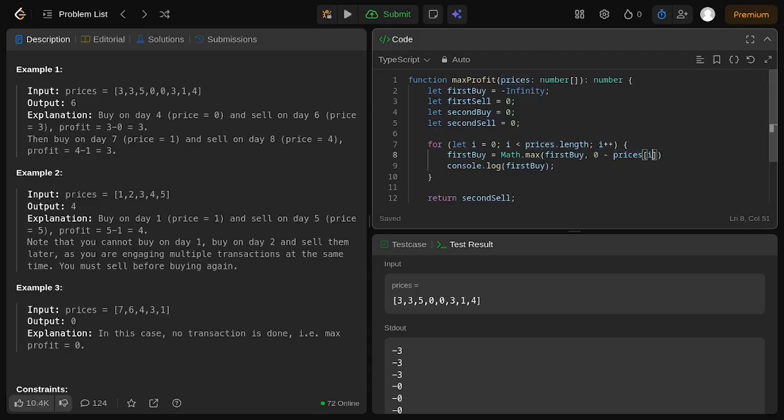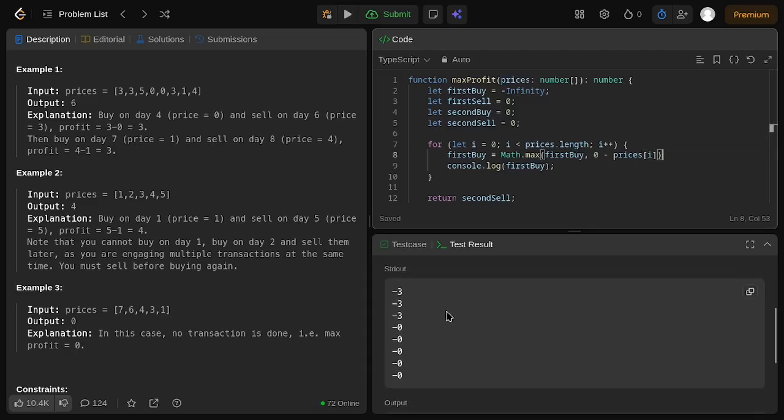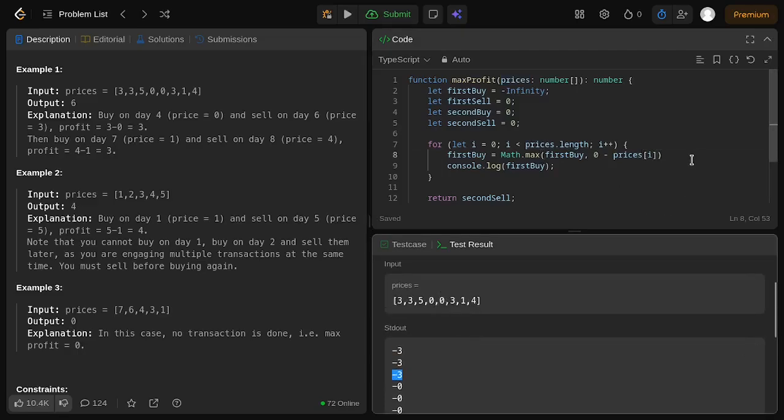Then for the next one, as we already have the least buying value, we can determine the first sell by using the Math.max method again. We determine whether the maximum value is either the first sell itself, or the first buy added by the current price. So we are adding the first buy, which is only -3 right here, with the current price.